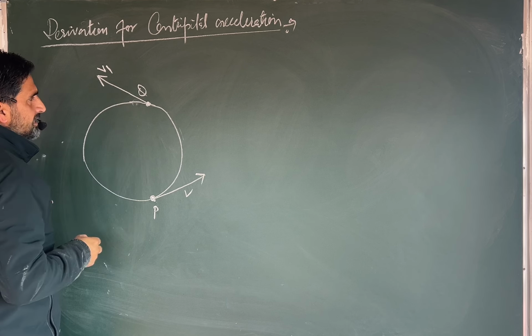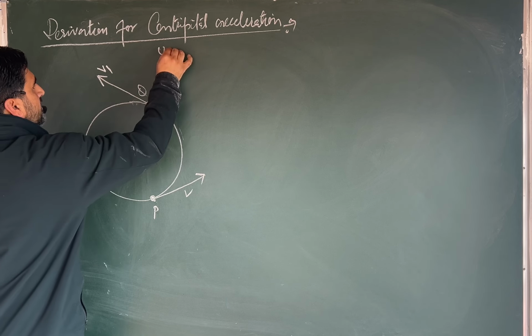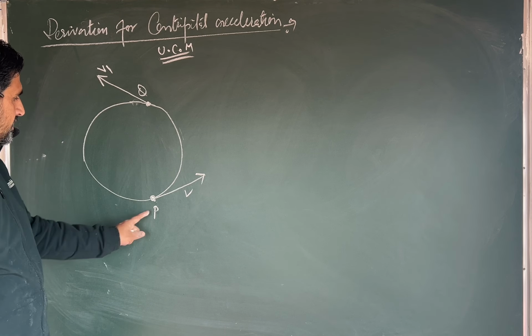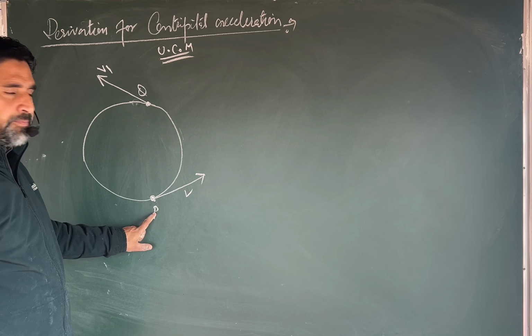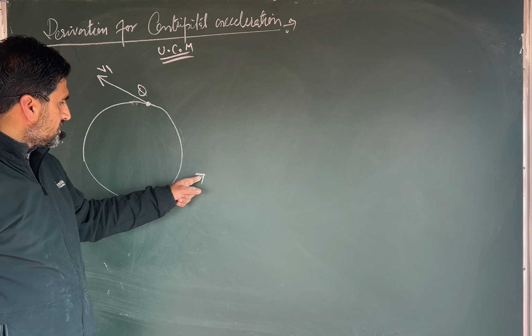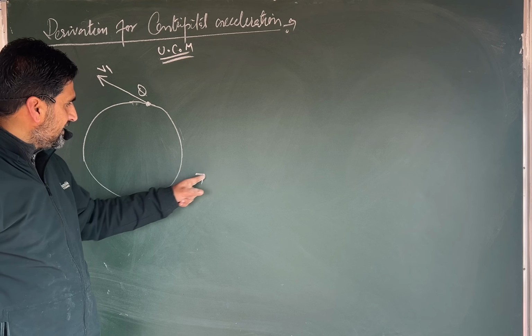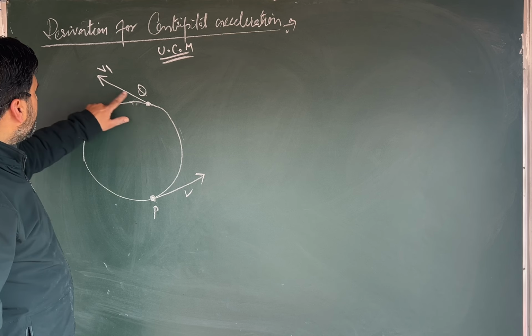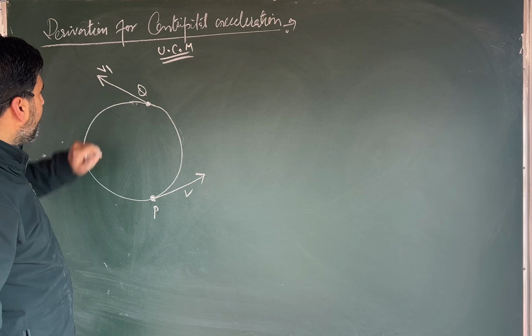Here the condition is uniform circular motion. An object at P is moving with velocity v, tangential here, and after some time reaches point Q with velocity v dash.